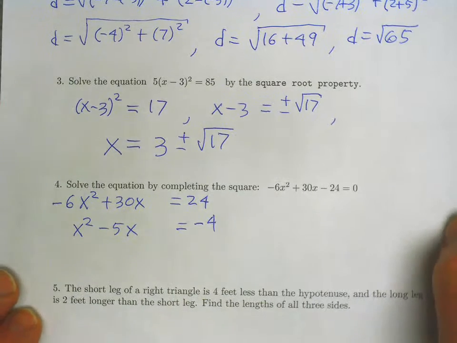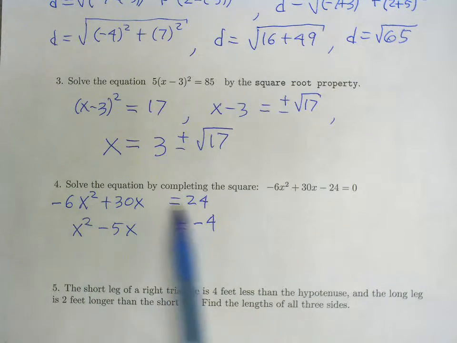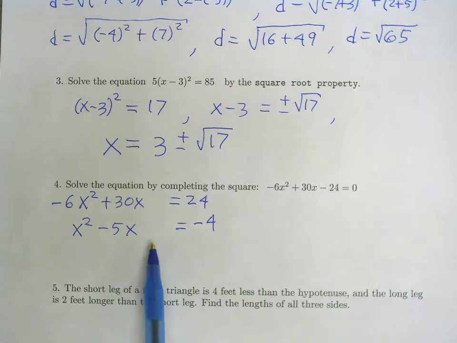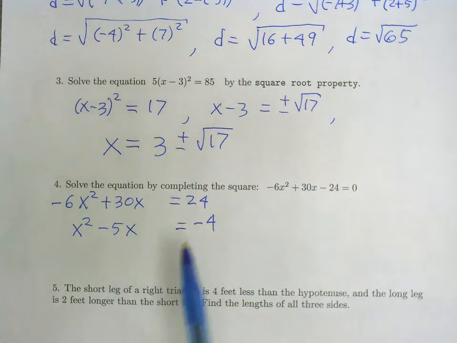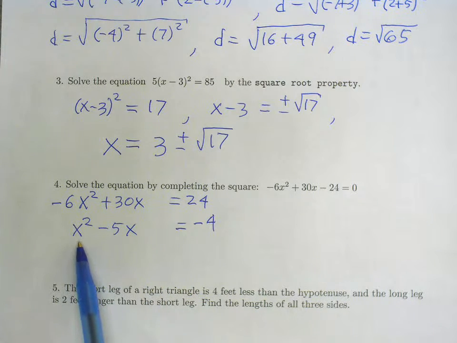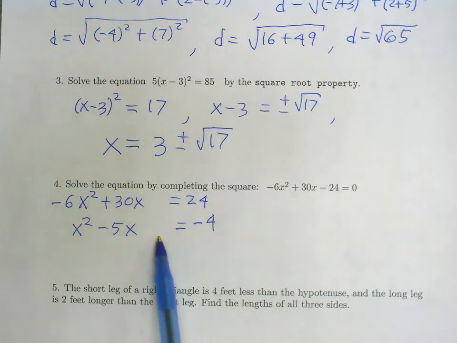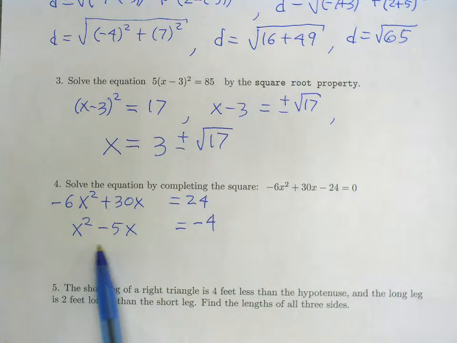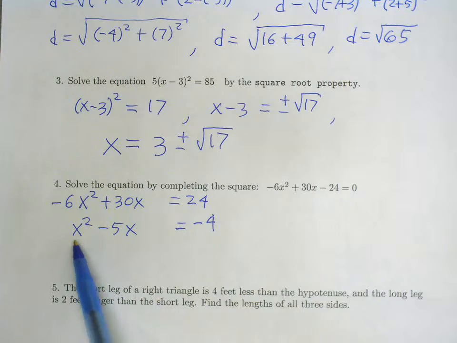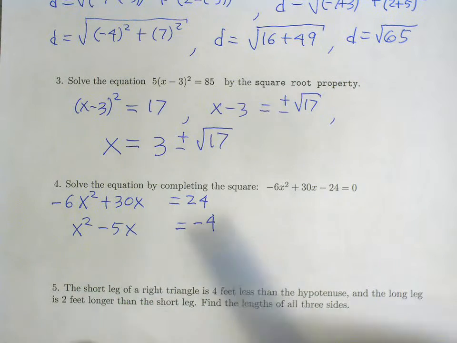Okay, this process of completing the square means that we're going to add a number to both sides of this equation so that the left-hand side is a perfect square trinomial. Okay, so now that the coefficient of x squared is 1, up here I'll write what we do.